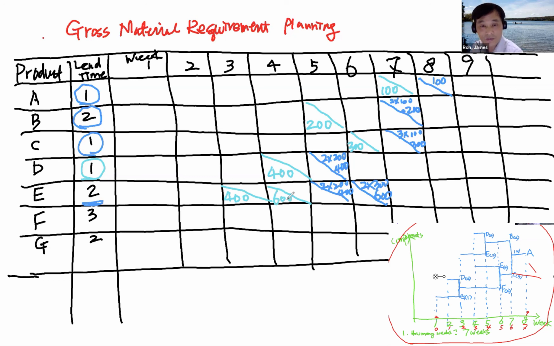And then F, we need 2 units of that. Okay, F, 2 units of that, and we need that at week 6.